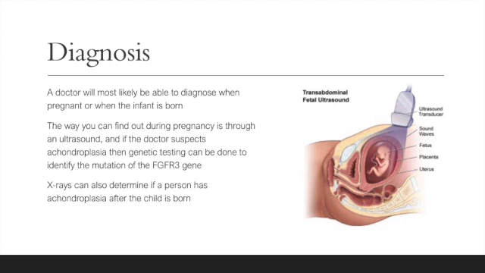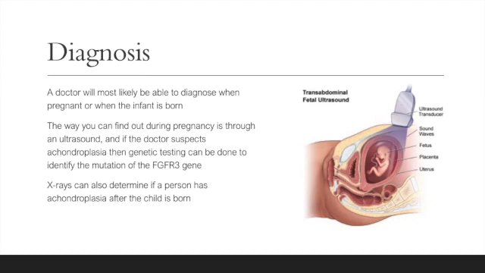X-rays, as we said before, can also be done after the child is born. So here are some X-rays again showing the limbs, how they're much shorter. You can also see that on the hands and the fingers as well.